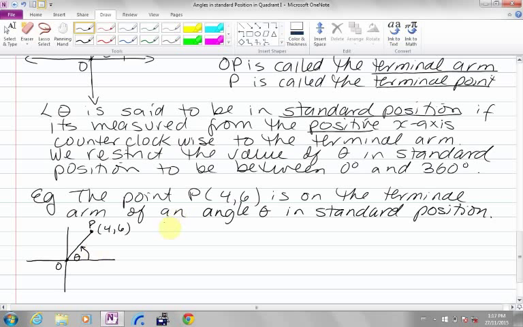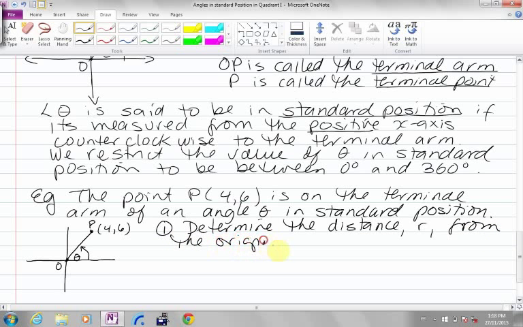All right, so here's what we're going to do with this. First, we are going to determine the distance r from the origin to P. So how are we going to do that?